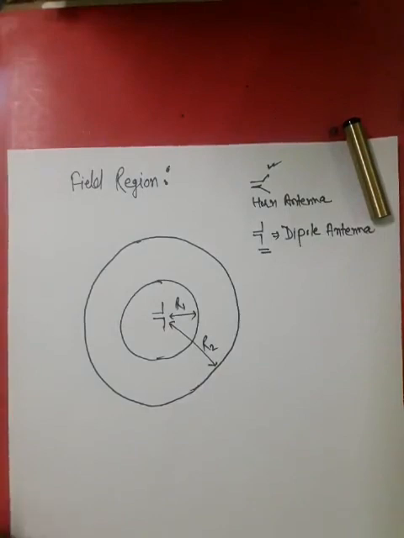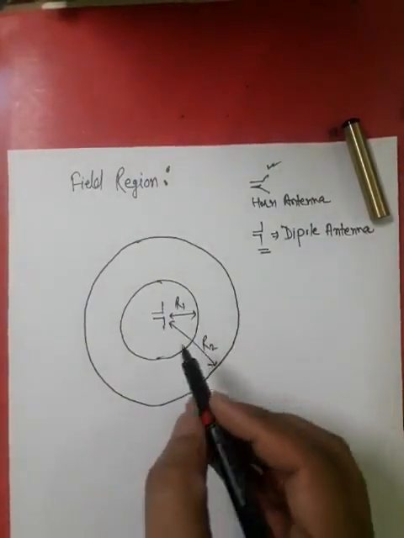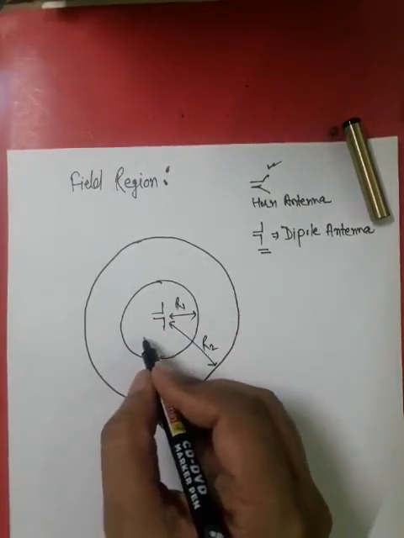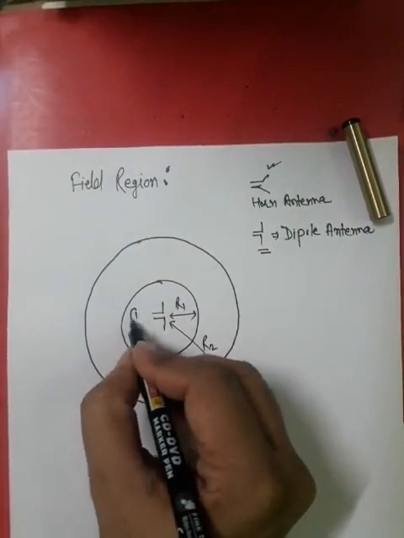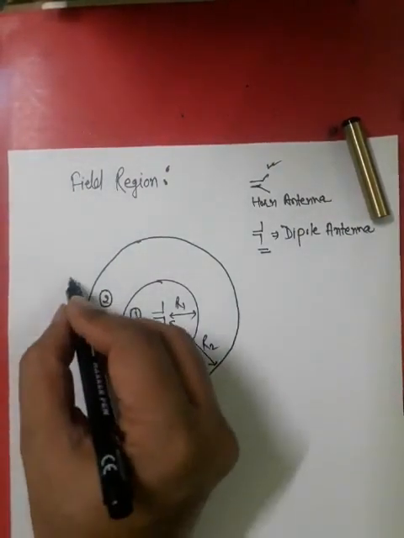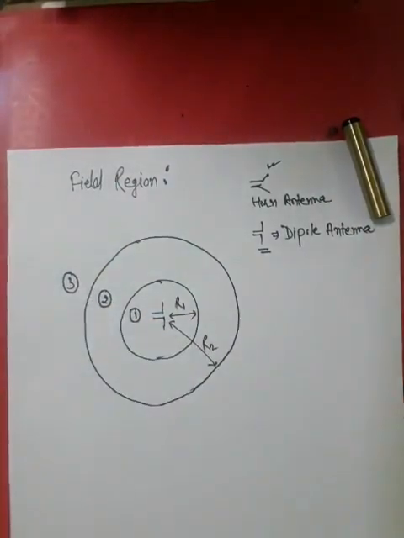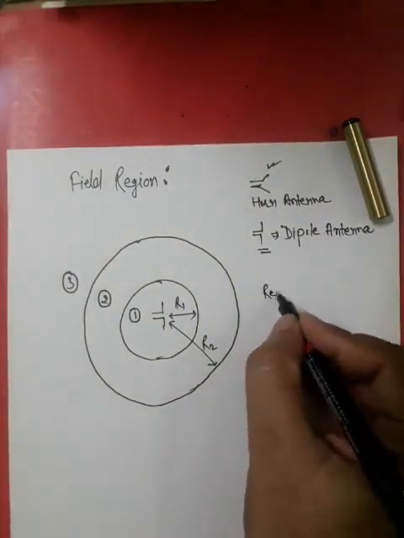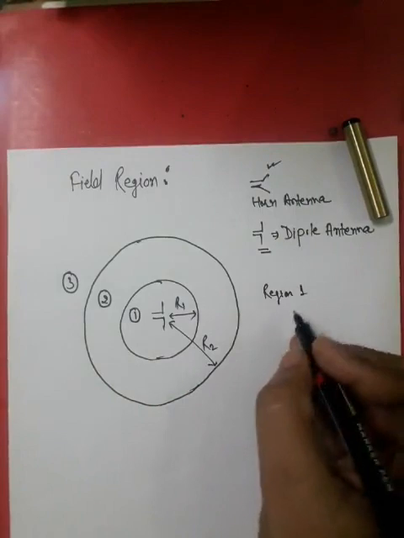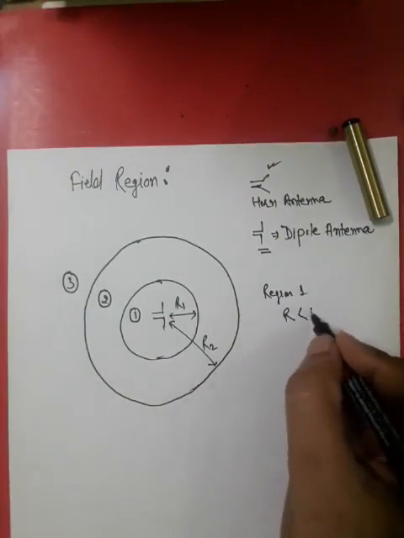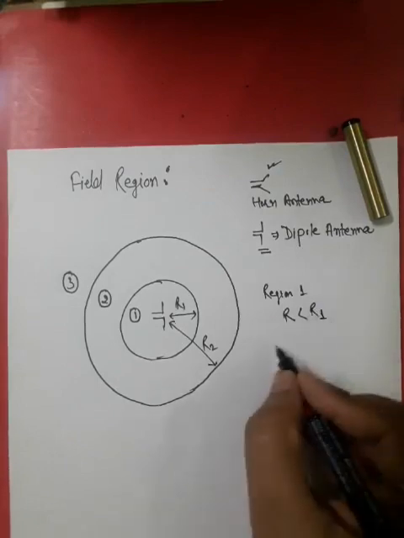So if you look here with these circles, one is region 1, another is region 2, and another is region 3. If I simply say region 1, it is when R is less than R1.